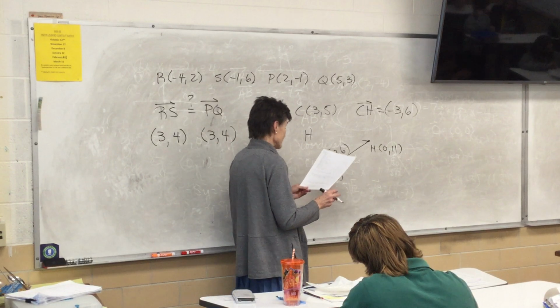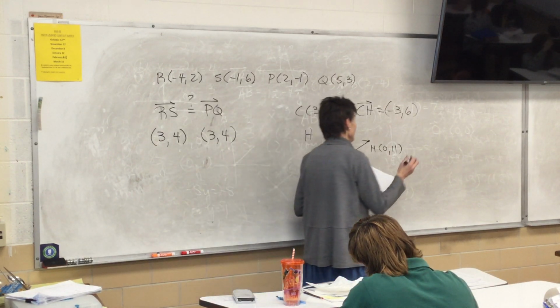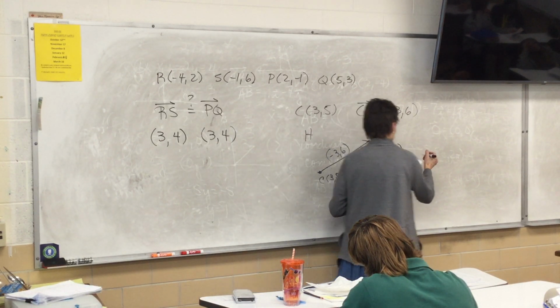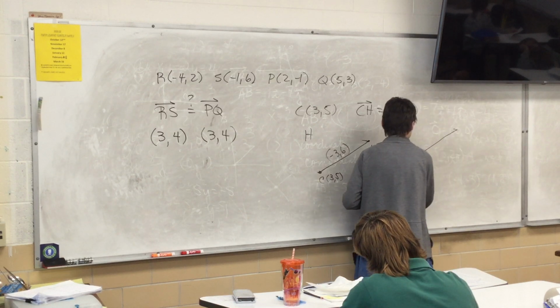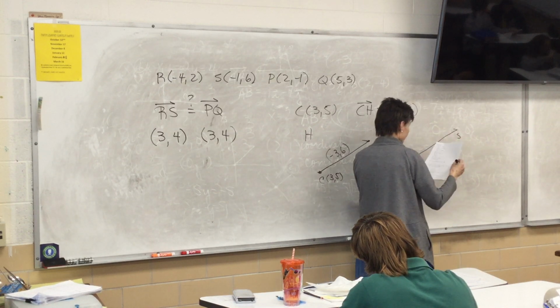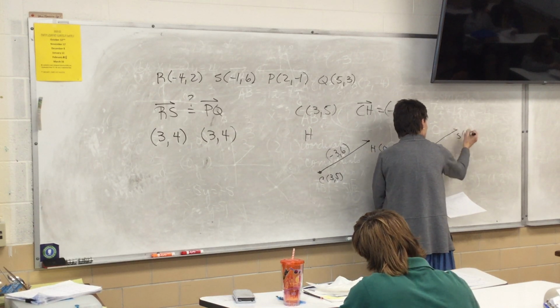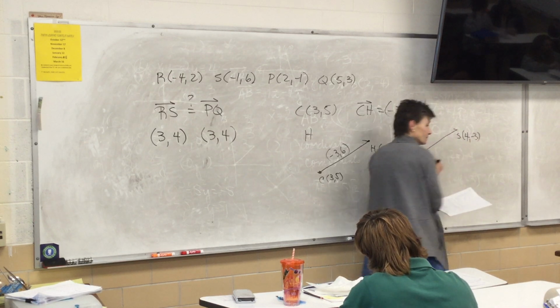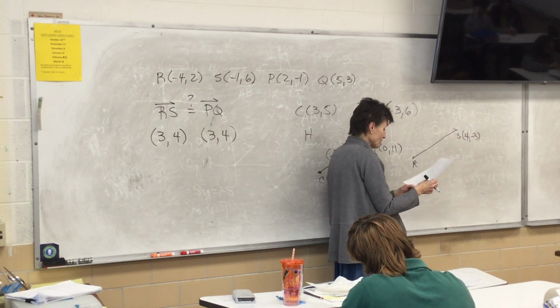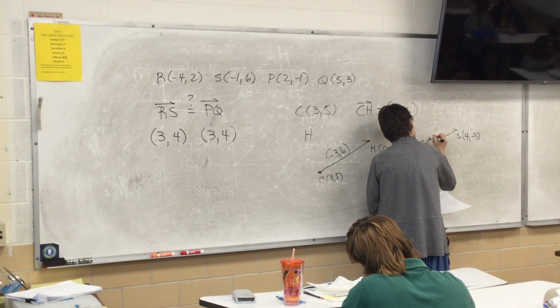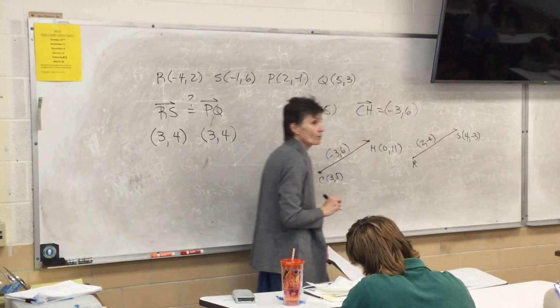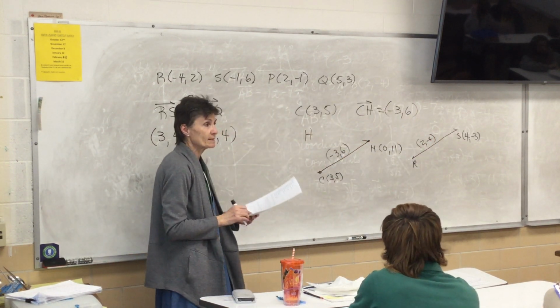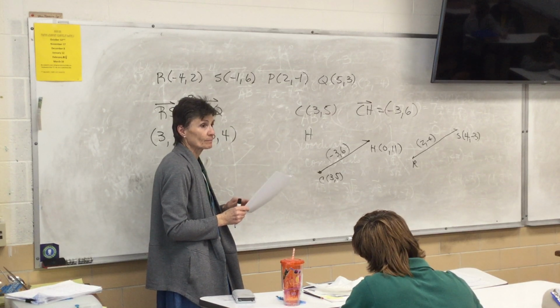Number 4 is the same problem, except I have vector RS, and I know where I end, and I know how I move, but I don't know where I started. You see the difference on those problems?